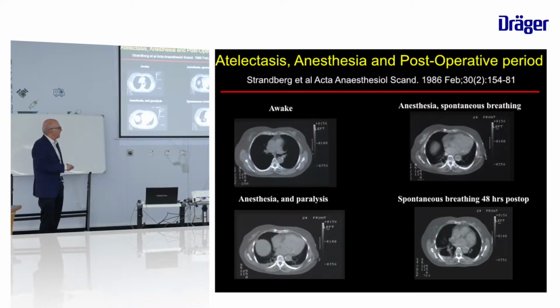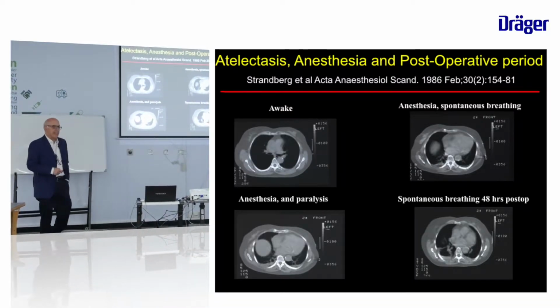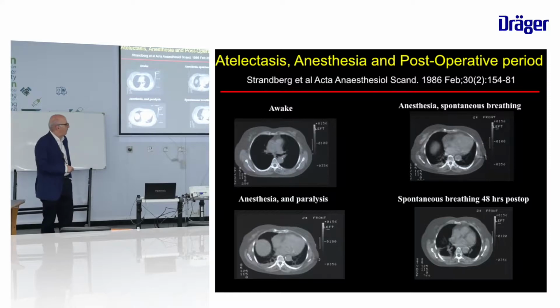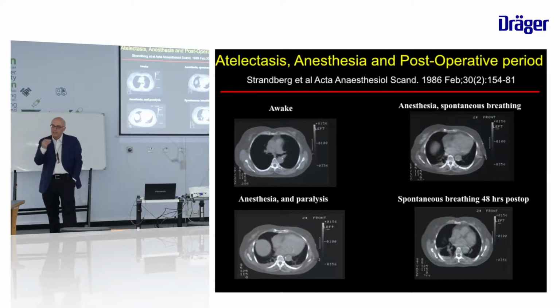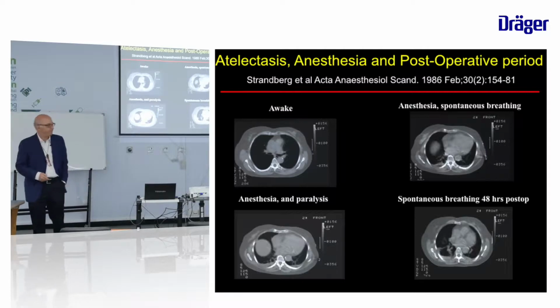And most importantly, the atelectasis are maintained up to 48 to 72 hours. So the message here: anesthesia induces a reduction in lung volume and atelectasis formation, and this atelectasis formation is maintained for 48 or 72 hours after surgery.